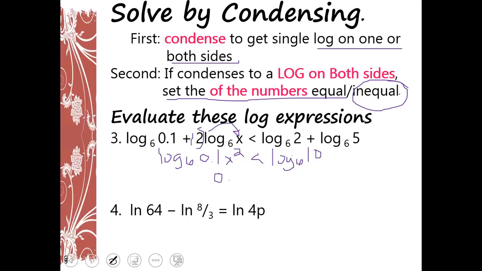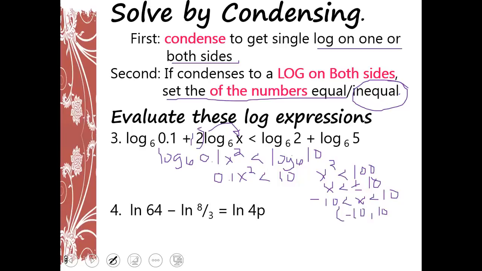So 0.1x squared has to be less than 10. x squared has to be less than 100. x has to be less than plus or minus 10, which when we write this is x is greater than negative 10 and less than 10. x sits between those two values. So in interval notation, negative 10 to 10. All right?